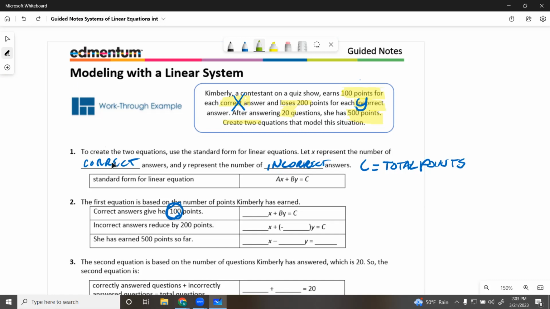Okay, the first equation is based on the number of points Kimberly has earned. Correct answers give her 100 points. So that means this x is multiplied by 100.